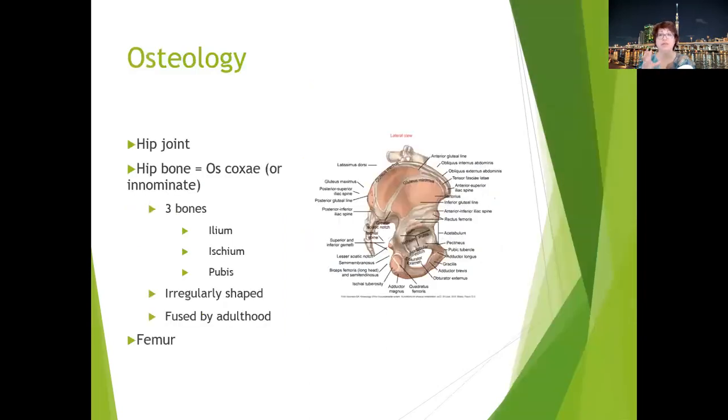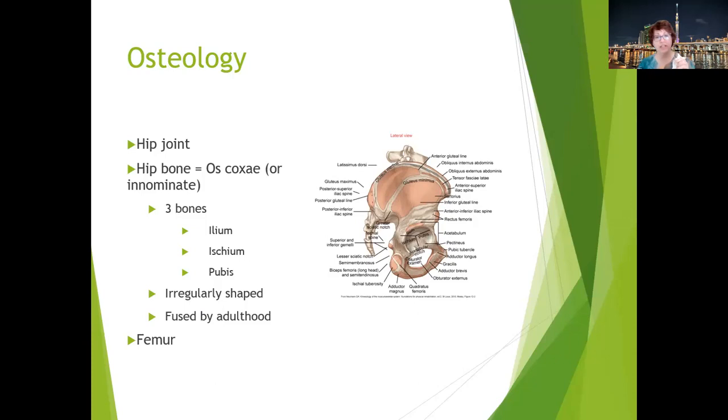So the most proximal bone in the hip is the os coxa, or innominate bone is the other name for it. And it's a fusion of 3 bones, the ilium, the ischium, and the pubis. They're irregularly shaped, all 3 of them, and they start out connected by cartilage when you're a baby, and they're fused fully into bone by adulthood.